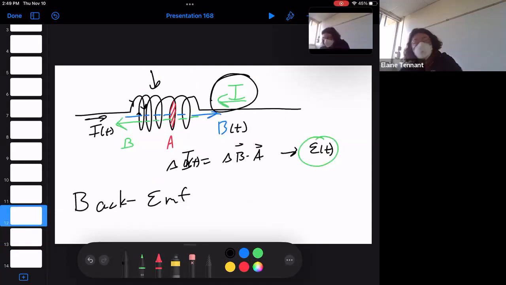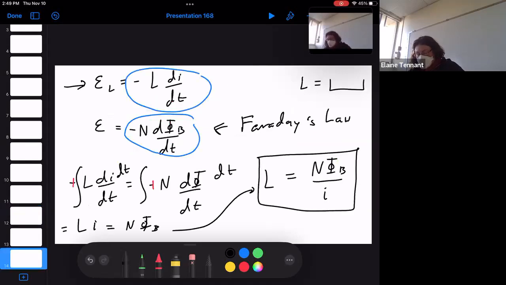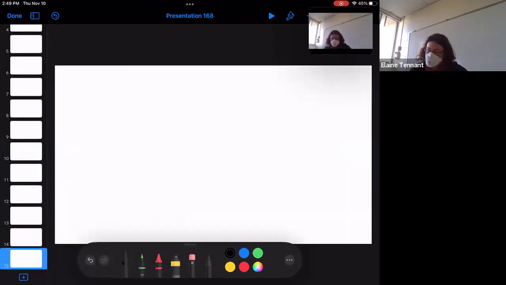So looking at this, what is an inductor? I'm hoping you're looking at that and saying that's a solenoid. So when we talk about inductors, we really mean solenoids. So let's calculate the inductance of a solenoid. Derive the inductance of a solenoid.